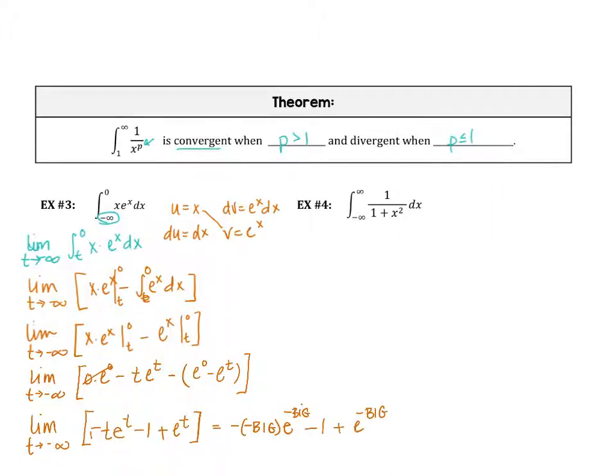Now, the reason why I say that's going to be 0, keep in mind that's going to be big over e raised to the big because we have that negative exponent. And so that's why that's going out to 0. Then you have minus 1 plus 1 over e to the really big again. So notice all of that, I end up with negative 1. So there we go.